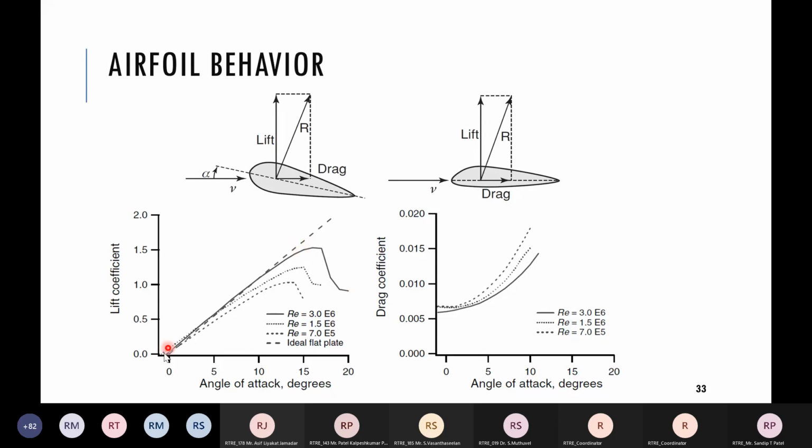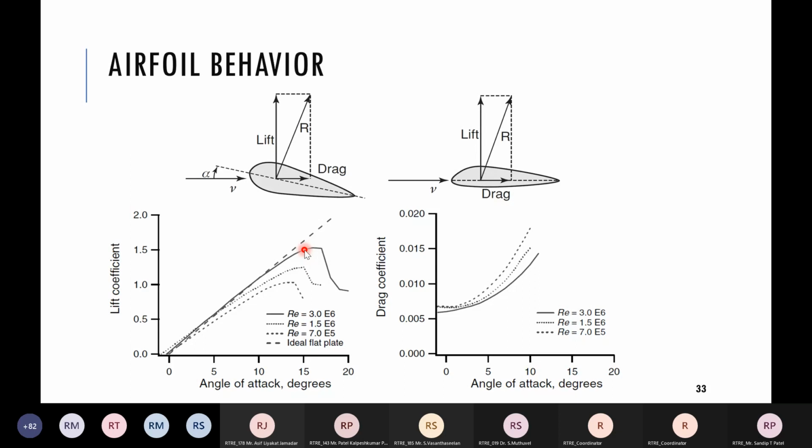So this particular airfoil, whatever shape it may be, I'm not giving you that particular value. The operational range of angle of attack would be 0 to 15 and the design angle of attack would be 15, because at that degree we are getting the maximum lift.